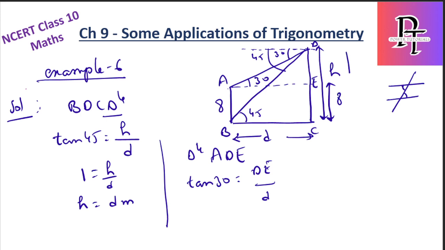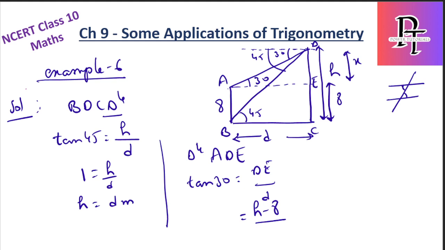Let's assume the difference of heights between the multi-storied and the small building is X. So DE, let's assume it as X, or simply I can also write X as the total height minus 8. So H minus 8.